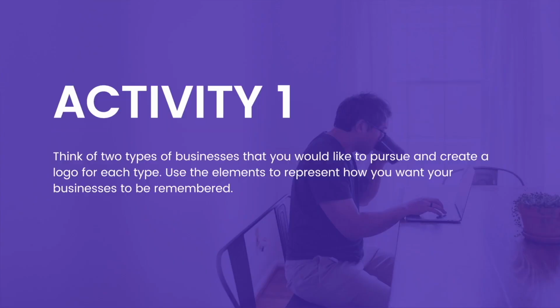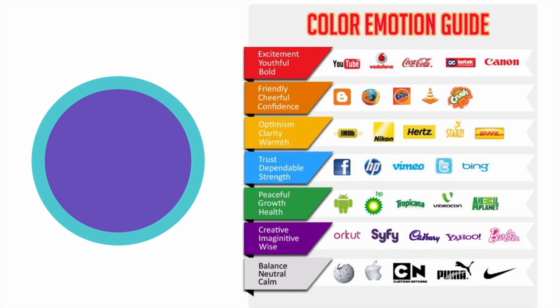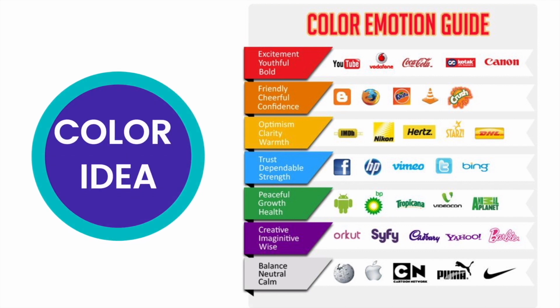So for your first activity, think of two types of businesses that you would like to pursue and create a logo for each type. Use the elements to represent how you want the business to be remembered. I have here some sample logos of the known brands in the market, and each color represents an emotion.